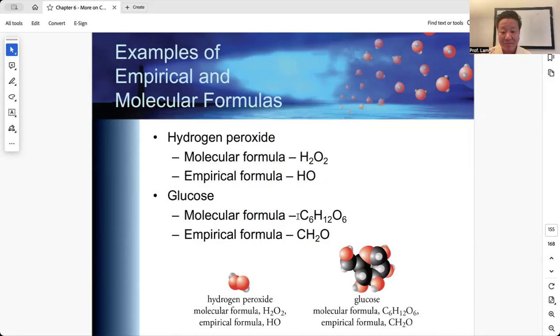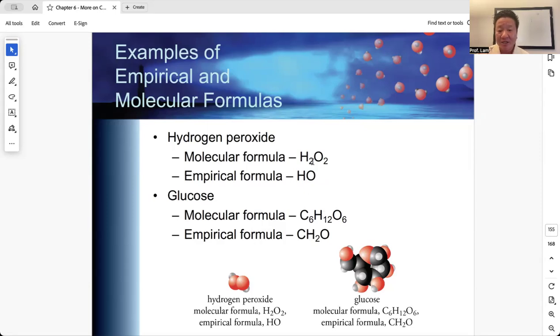So if you divide carbon's number of 6 by 6, then you get 1. Hydrogen 12 divided by 6, you get 2. And then 6 divided by 6 is 1. So the empirical formula of glucose is CH2O. So you guys get an idea here, right? That the empirical formula is just some whole number factor away from the molecular formula.